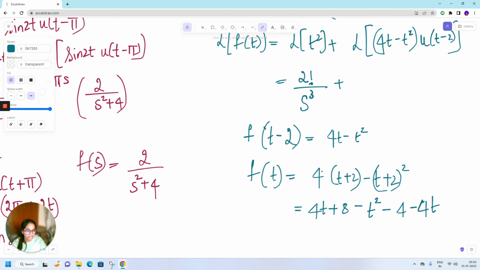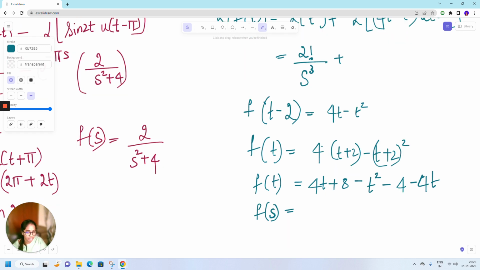Okay, now what is the next step? I know what is f of t. The next step is, tell me what is F of s. That is, find the Laplace transform of f of t. What will we get? We'll get 4 t to the power 1, right?